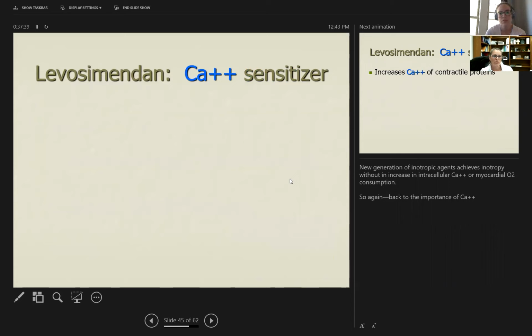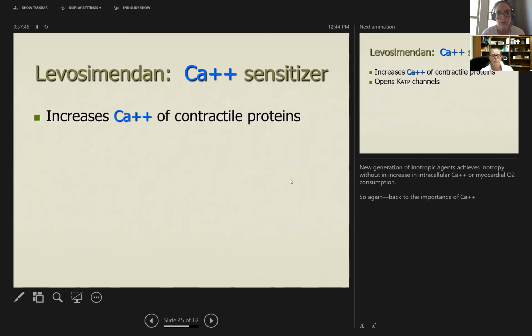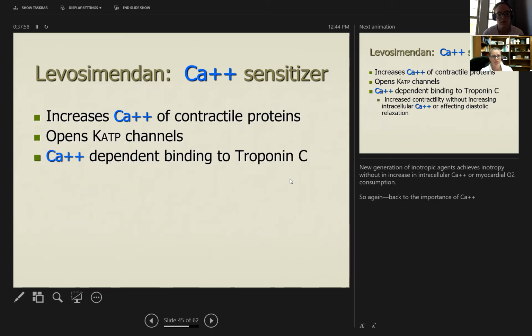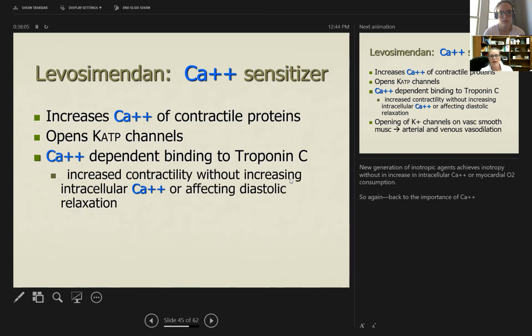Levosimendan is being used a little bit more in Europe and on the adult side as a calcium sensitizer, so increasing calcium sensitivity around your contractile protein. Basically attacking the problem from a slightly different angle, opening up those potassium-mediated ATP channels and allowing for better binding to troponin C. So you get more contractility without necessarily increasing the intracellular calcium or affecting relaxation.